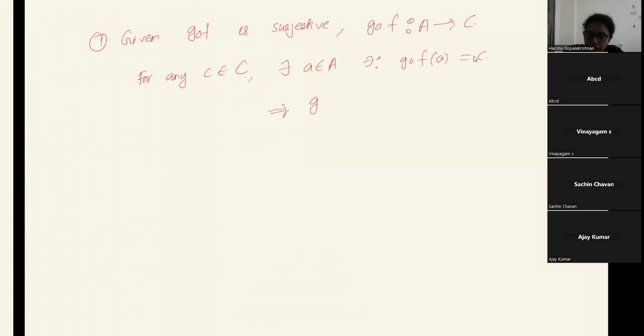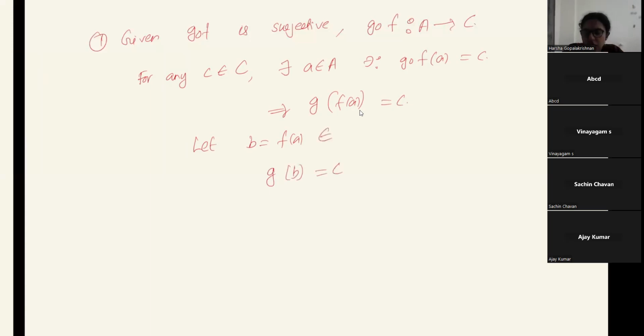Okay. Now, let B equal F of A. I am taking this F of A and denoting it by B. So what we can write is G of B equals C. Where does this B belong?